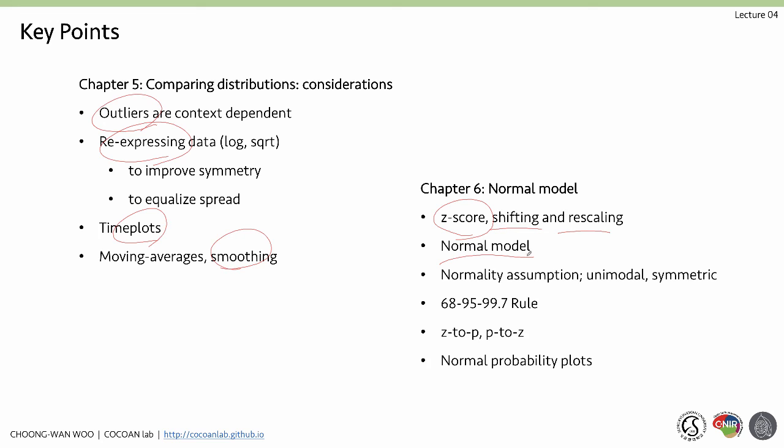We learned that the normal model is a theoretical model that has an assumption: unimodal and symmetric. And we learned this Z to P, P to Z, and in the class we are actually going to spend some time to learn how to draw normal probability plots. We are going to actually draw these normal probability plots in the class.